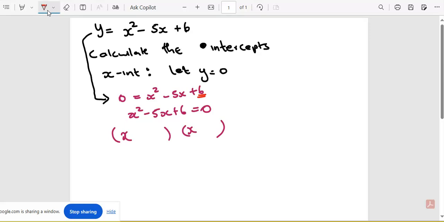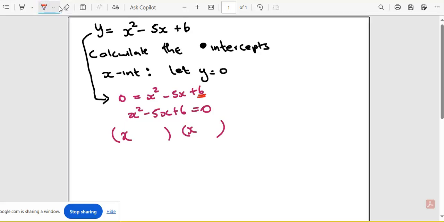So I'm going to write down the factors of 6. Maybe we should write them in ascending order: 1, 2, 3, and 6. 1 times 6 is 6. 2 times 3 is 6.